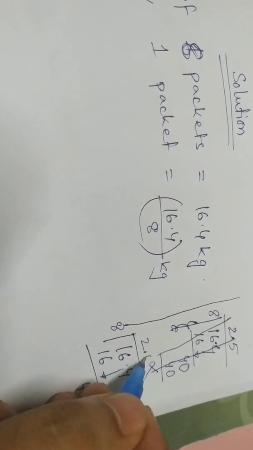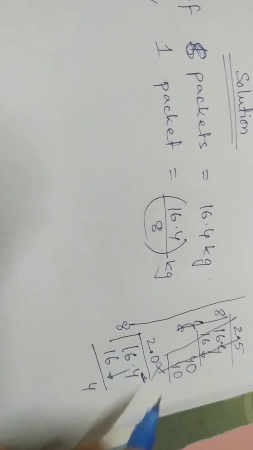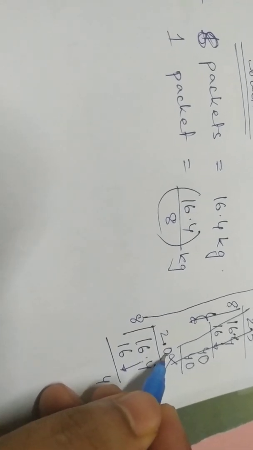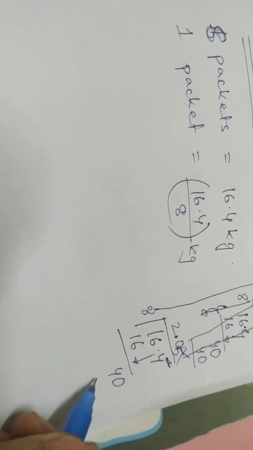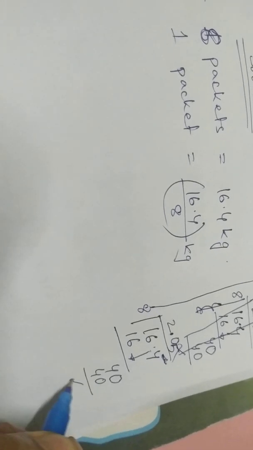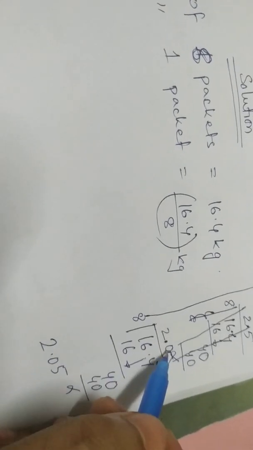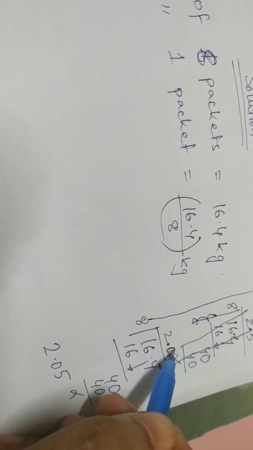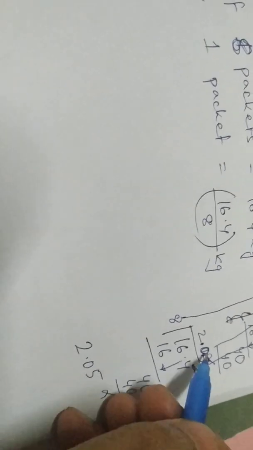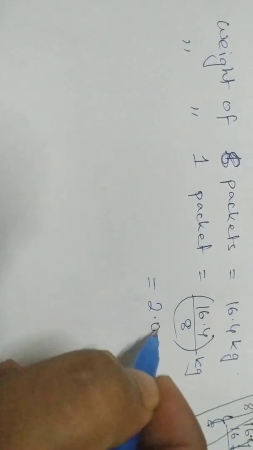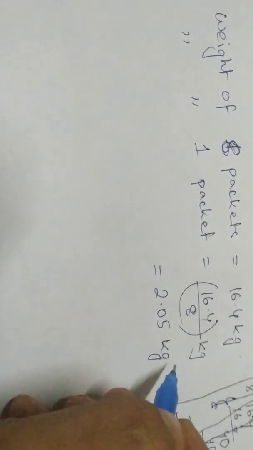So in this case we put a 0 over here, then another 0 comes over here, then 8 5s are 40. So the answer is 2.05. So it should be 2.05. So this is part A done.